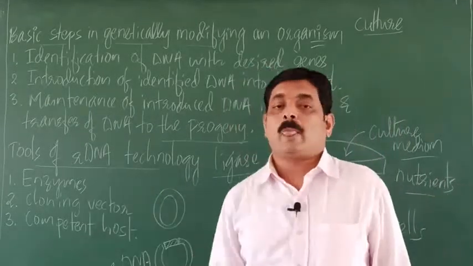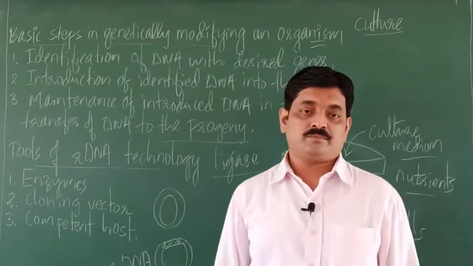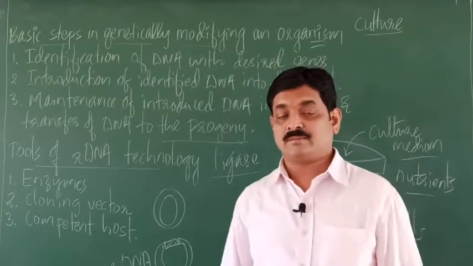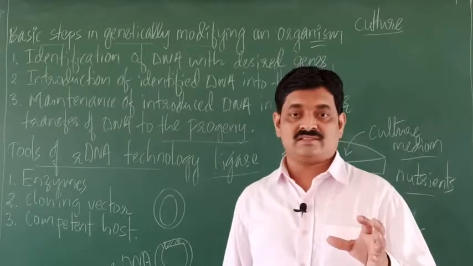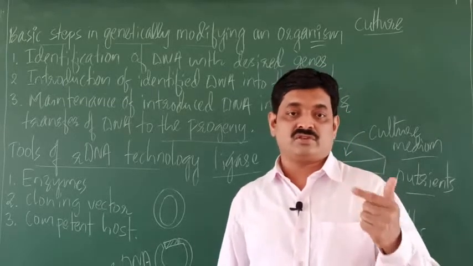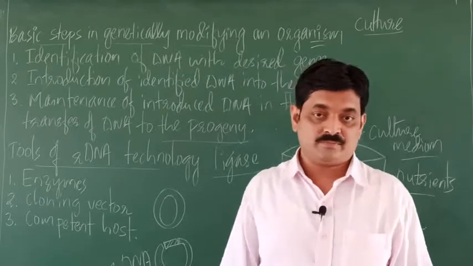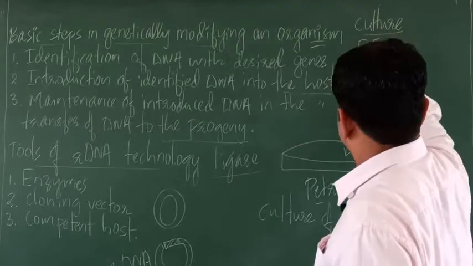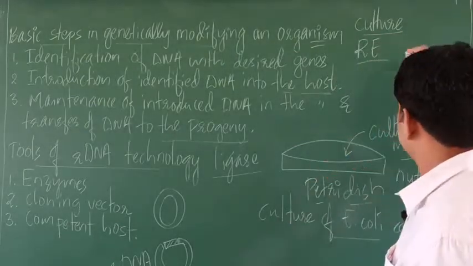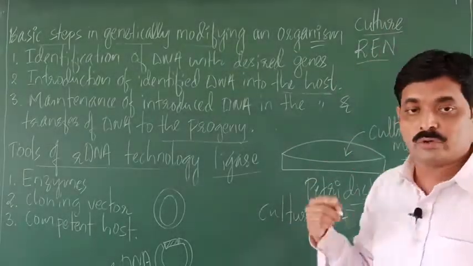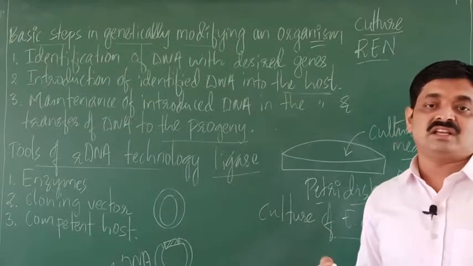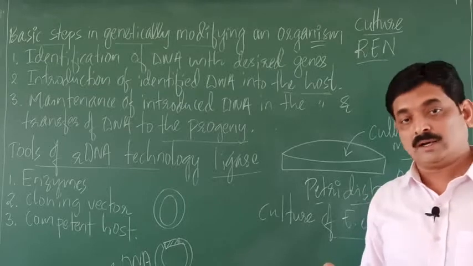So the basic enzymes that are required here. The first one is restriction enzymes. Already you know it, right? Restriction enzymes, for example restriction endonuclease, or molecular scissors. Then another enzyme is DNA ligase or molecular gum.